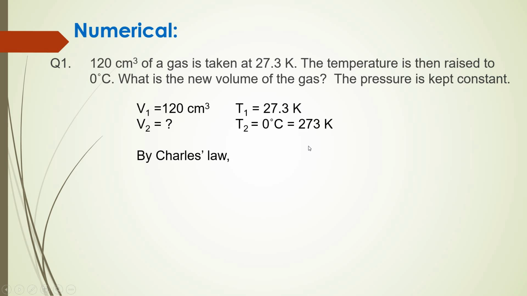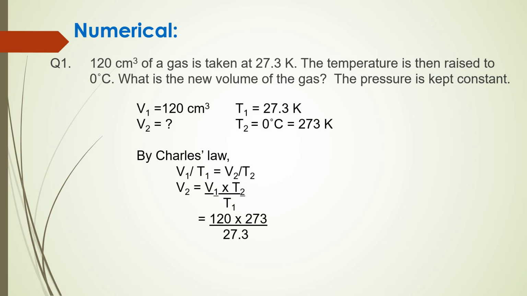Now by Charles' law, we know that V1 by T1 is equal to V2 by T2, which is a constant. Now we need to find V2, therefore when we rearrange, we get V2 equals V1 into T2 divided by T1. Now when we substitute the values of V1, T2 and T1, we get 120 into 273, which is T2, divided by T1, which is 27.3.